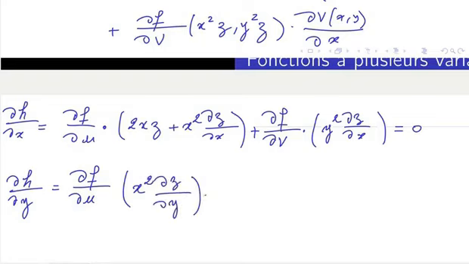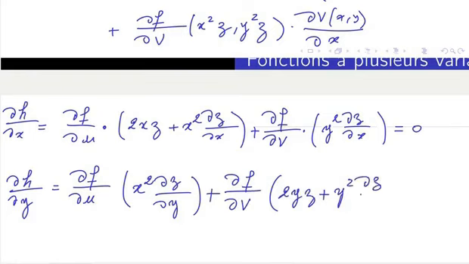So there is only one term, plus the derivative of f with respect to v times the derivative of v with respect to y. This will give two terms, 2yz, since it's a product, plus y² times the derivative of z with respect to y, and this is equal to 0.